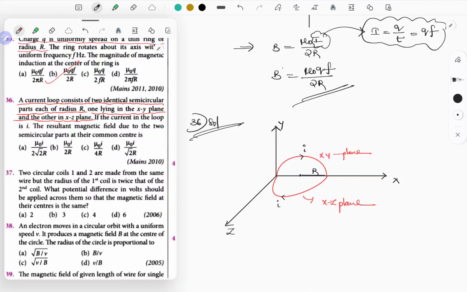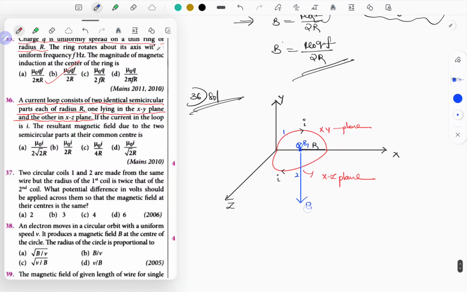Now, first of all, find the magnetic field due to the first semicircular wire and the second one. As I said, use the right hand thumb rule. If you use it, the magnetic field due to the first semicircle is into the board. Now the magnetic field due to this semicircle, which is in the xz plane: place four fingers in the direction of current, and the thumb indicates the direction of the magnetic field, which is downward.